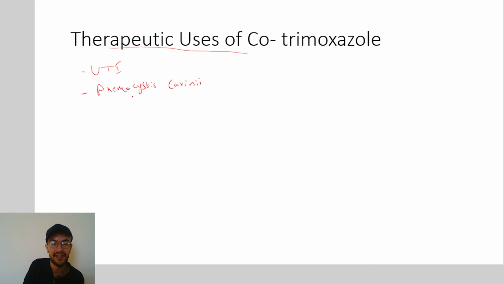This organism causes pneumonia in immune-compromised patients, and the first-line agent to treat them is with the co-trimoxazole. It also works on tonsillitis caused by streptococci, and it works on the toxoplasma infections, especially if infected the CNS, the central nervous system. We can use the sulfonamides agents to treat them.